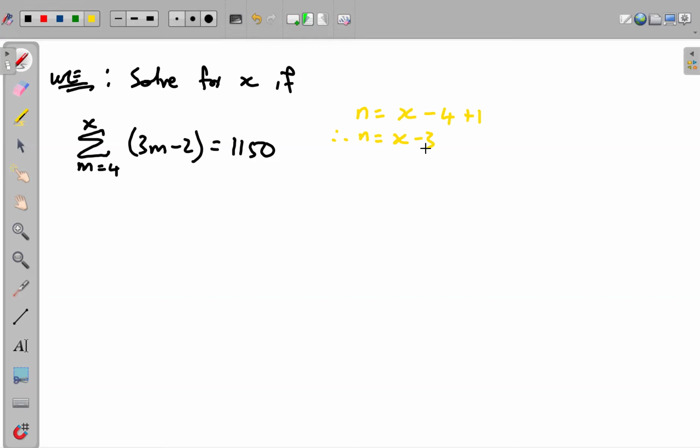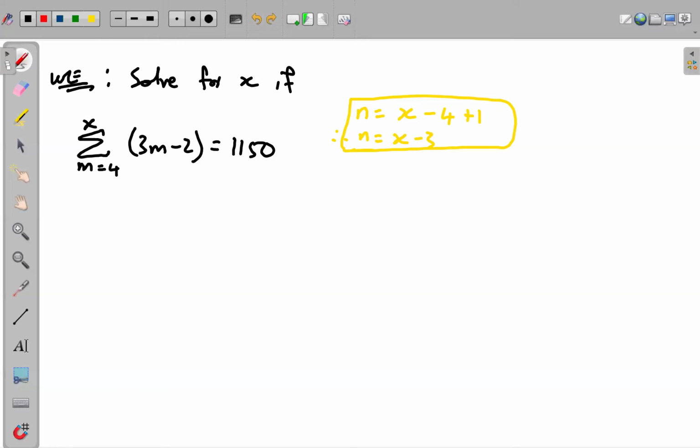We don't know what n is. We don't know what x is. Okay, so remember, in this instance, n is actually the total number of terms, and x is just the last position in the sigma expression. The last value of m, sorry. This x is actually the last value, the last integer we're going to substitute when we start at 4.